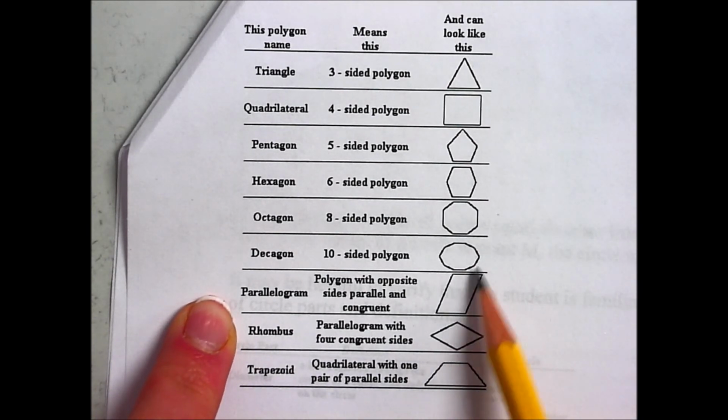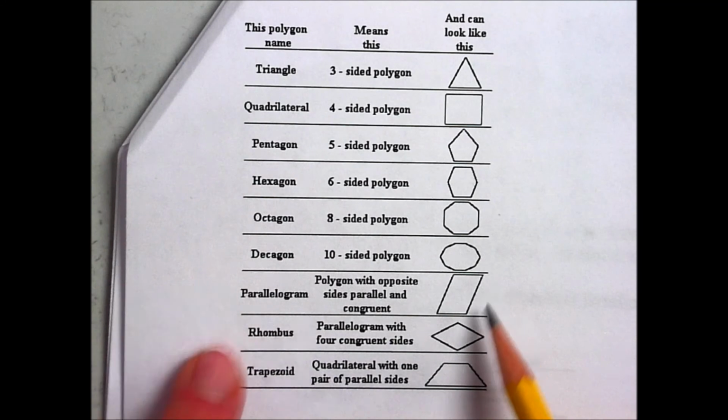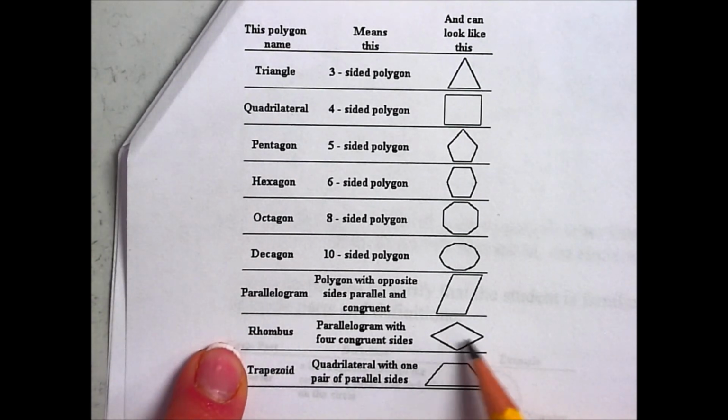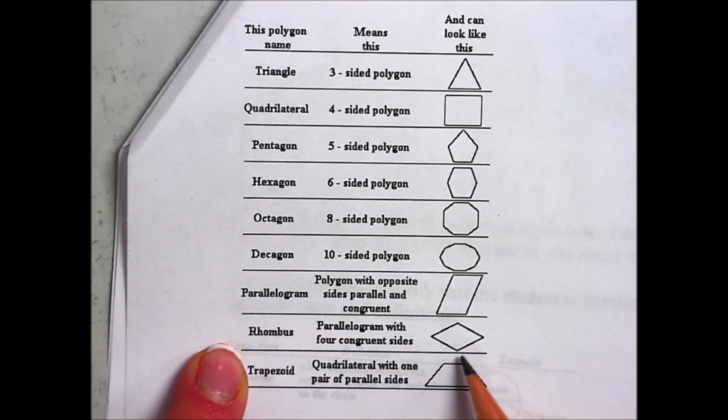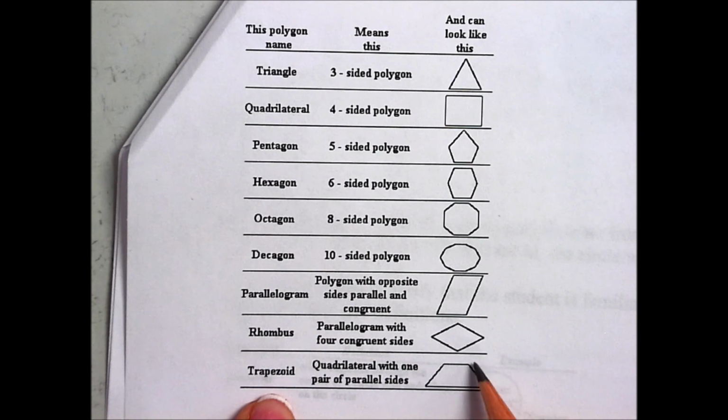If the sides are not parallel and congruent, then it's not a parallelogram. You'd have to go back to quadrilateral. Rhombus, a parallelogram that has 4 congruent sides. And then trapezoid has one set of parallel sides, and the others are slanted.